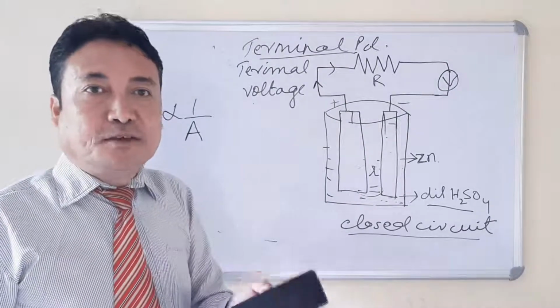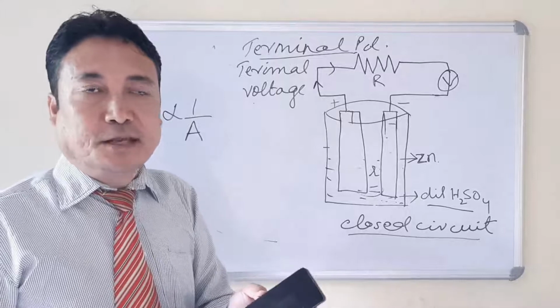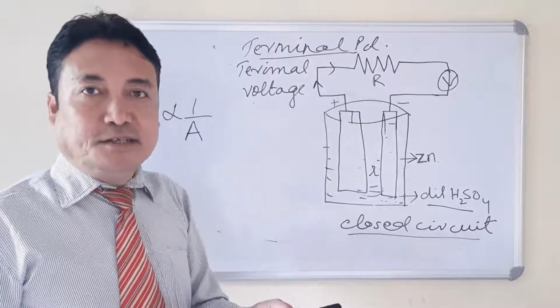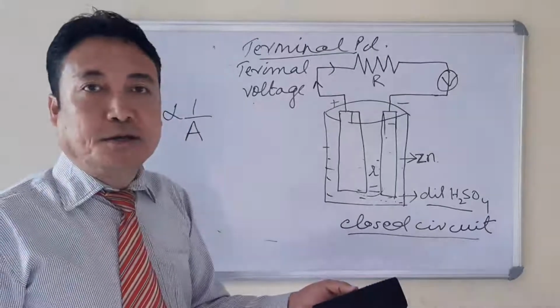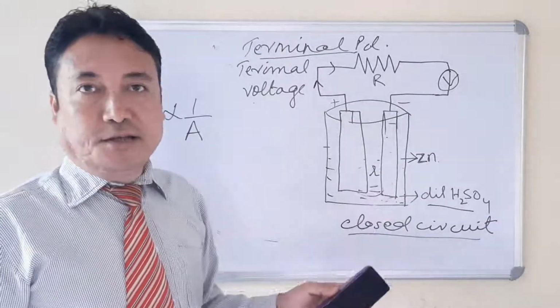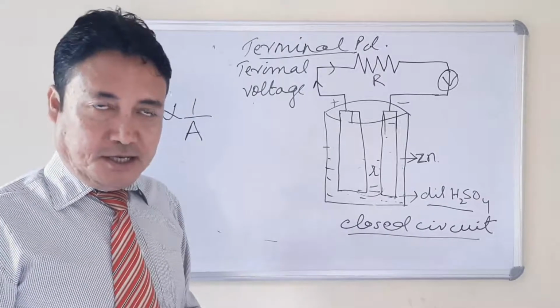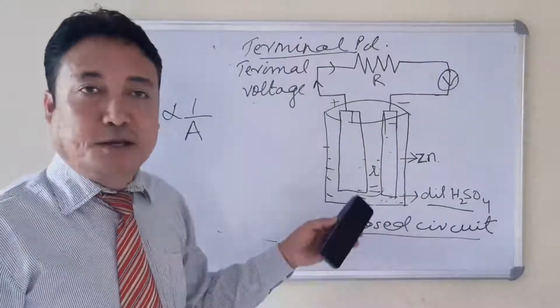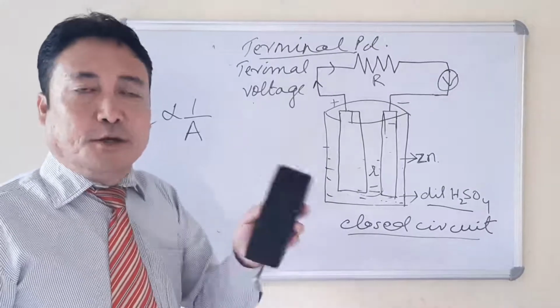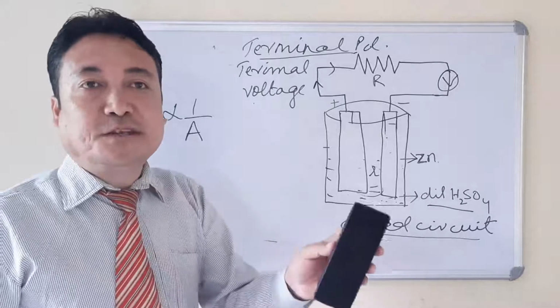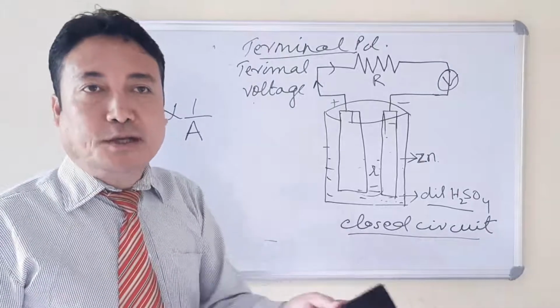The flow of electrons takes place without any resistance, and therefore the potential difference will not fall. Is it clear? So that means the internal resistance will become less, since the surface area is larger and the flow of electrons takes place much more easily.